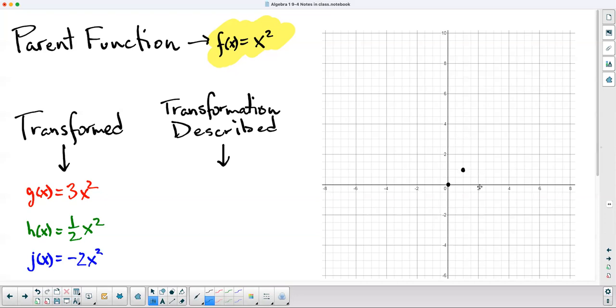And then if there's a 2 in place of x, 2 squared is 4. So it'd be at 2, 4. And then we talked yesterday a lot about the twin pairs, or the mirror images. That exact same thing would be here. So this is called the parent function because it's what all of the parabolas are going to be based off of.